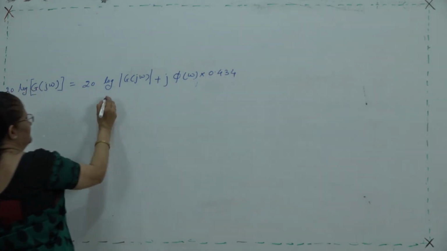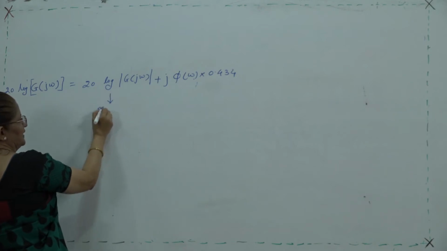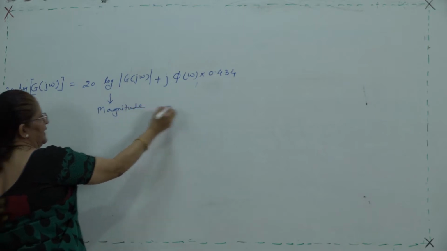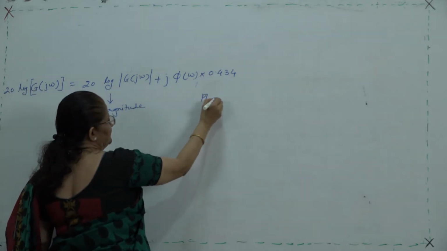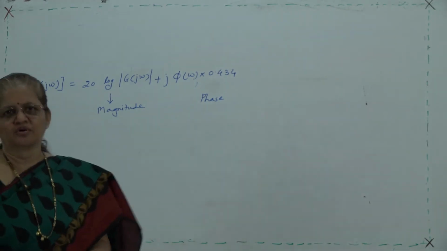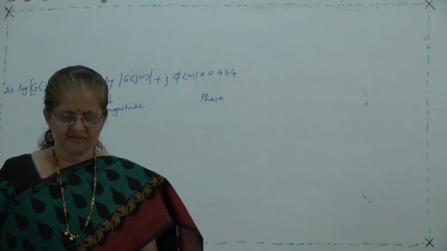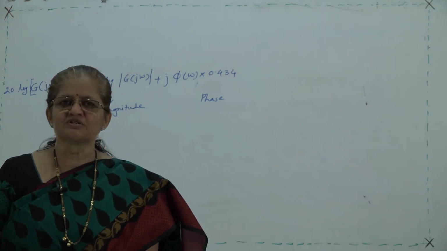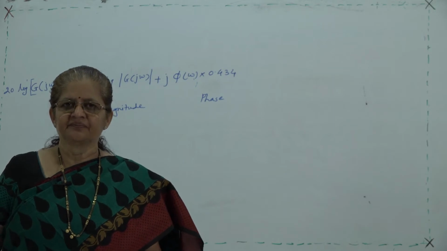So, here what we have seen, this is the magnitude and this is the phase. So, two separate plots we have to draw for the Bode plot. With one example, the RC circuit, its time constant we have seen.